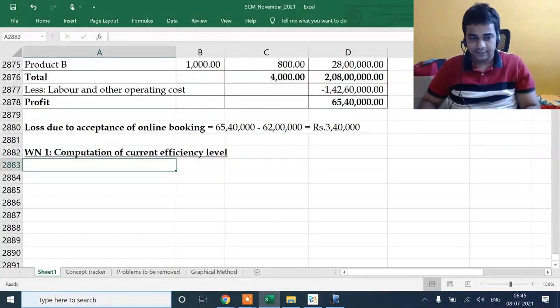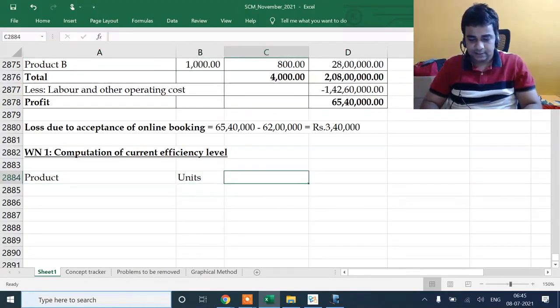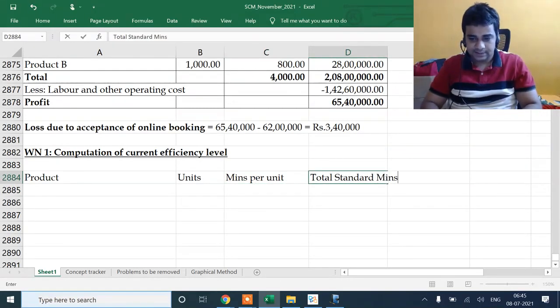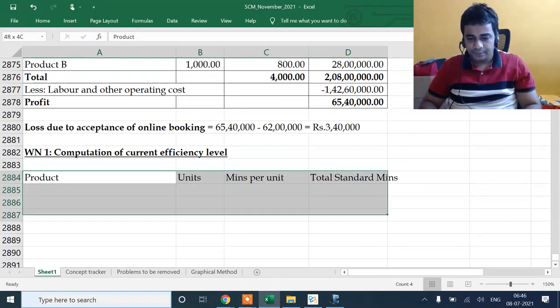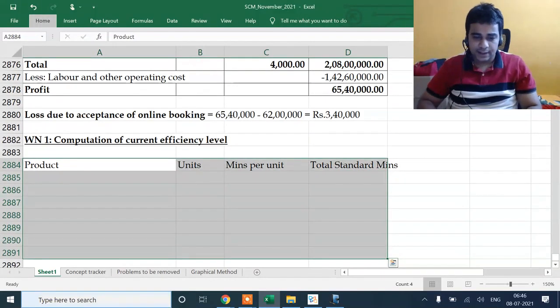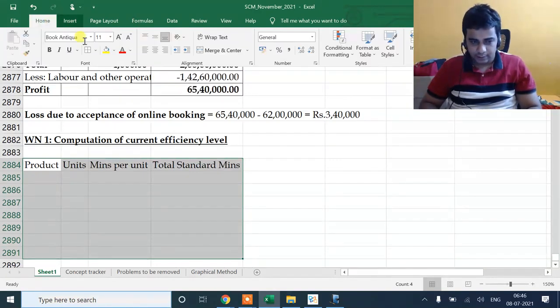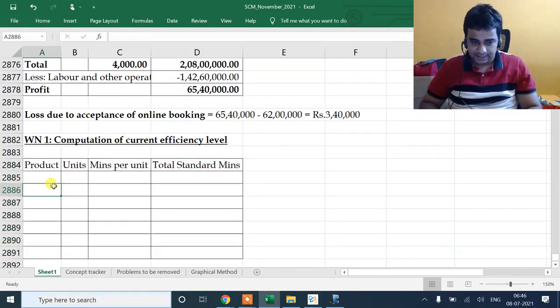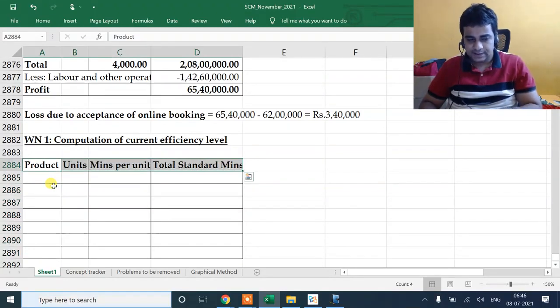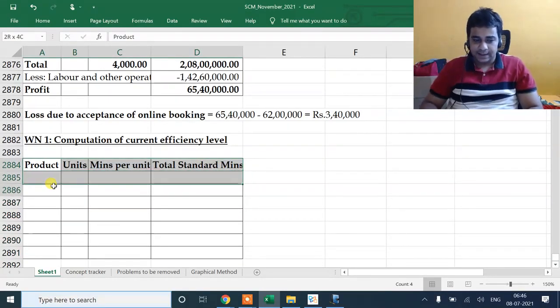Current efficiency level: product, units, hours per unit or minutes per unit, total standard minutes. Of the 480 minutes, what is the utilization? It could be 480, 460, 500. It can be higher also, it can be lower also. Let's see what is the effective utilization.